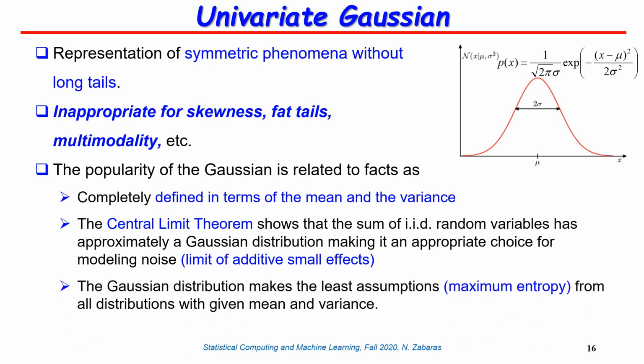And the other thing that I'm going to mention, and it may not mean a lot right now, but from all the distributions that have the same mean and the same variance, the Gaussian distribution is the one that makes the least assumptions beyond that mean and variance. And it is a distribution that, as we will see later on, has what's called the maximum entropy. Okay?